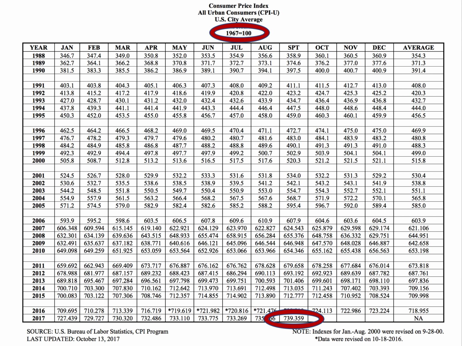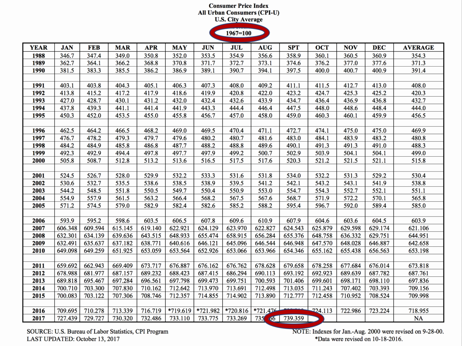And what you notice in the circle is that we're using 1967 as 100%. So what we're looking at is the percentage change from 1967 to today in the Consumer Price Index in the United States, which is driven by the market basket of goods, comparing what a person would have needed to buy in 1967 with what they buy today, and what the price differential is.